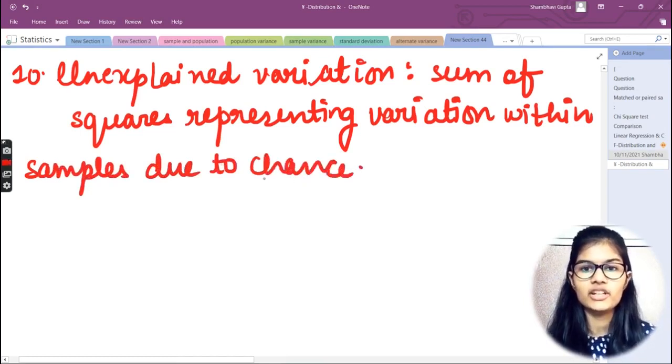So unexplained variation is basically the sum of squares representing variation within the samples due to chance.